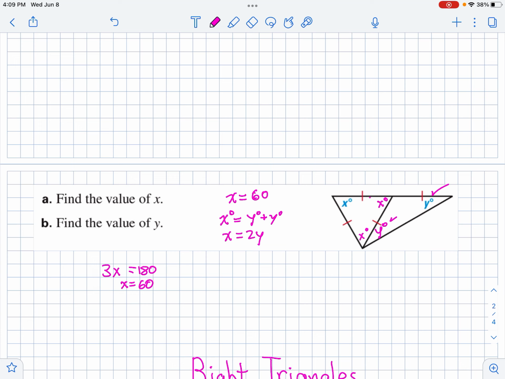Because this is an exterior angle, and remember, if you've got alpha and beta, and this is gamma, then gamma equals alpha plus beta. It equals the sum of these two angles over here. So that means, looking back up here, I've got 2y equals 60. I just replaced the x with 2y, and y equals 30. So x equals 60 and y equals 30.